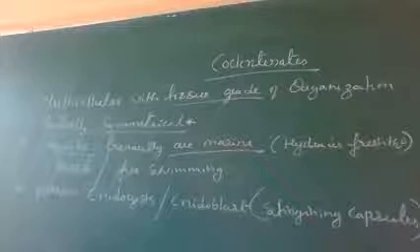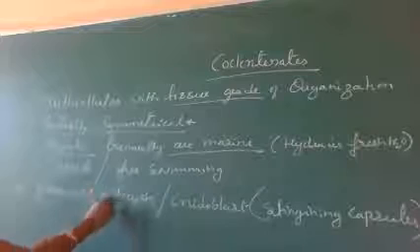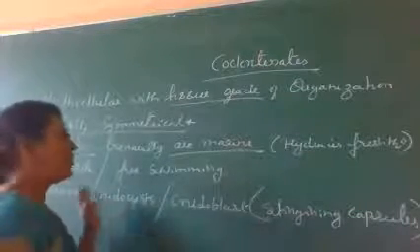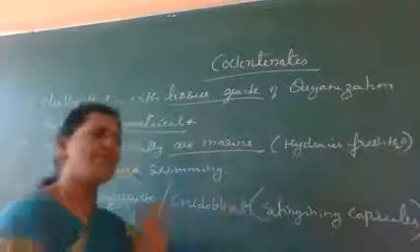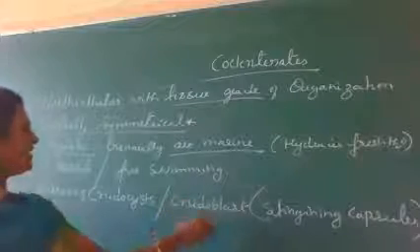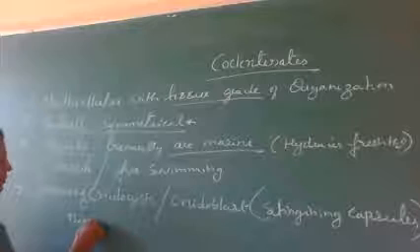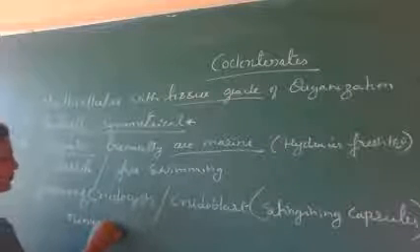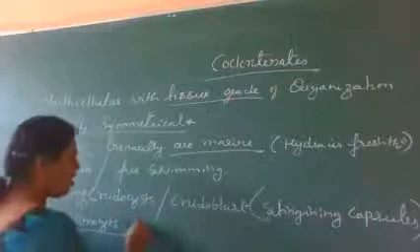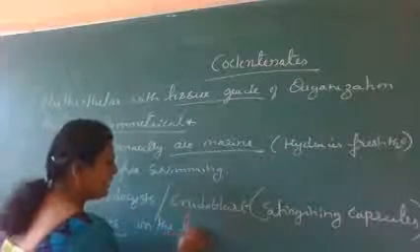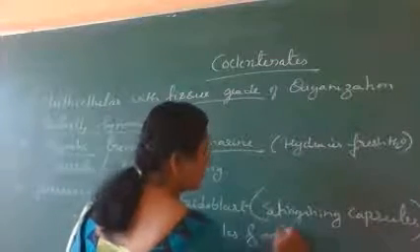So the presence of cnidocytes or cnidoblasts, which contain what? Stinging capsules. And this cnidoblast has nematocysts. Nematocysts are present on the tentacles and on the body.